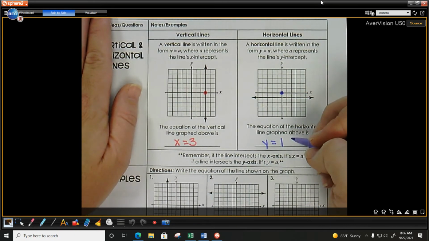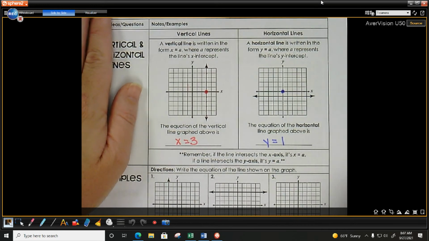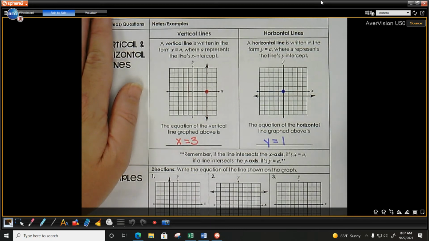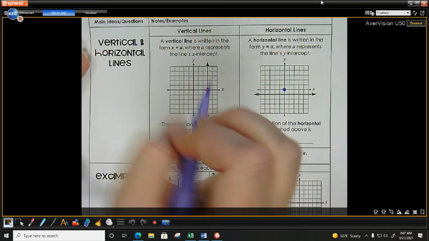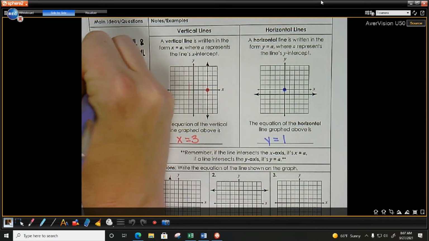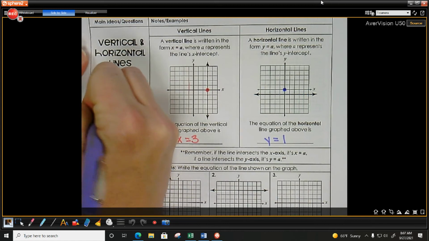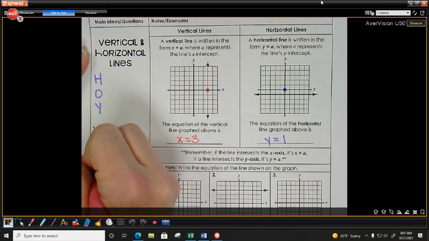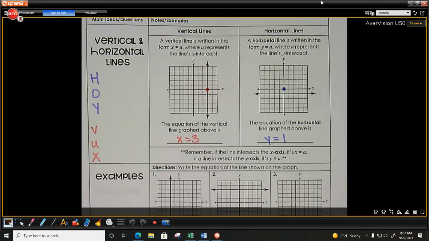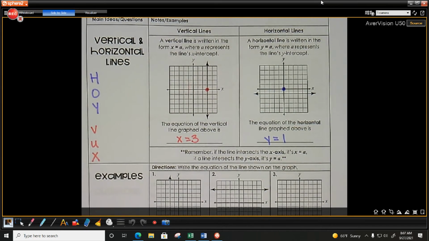Okay? So, there is an acronym to help us remember which one's our horizontal line, which one's our vertical line. We've already talked about this, I think the first day when we did slope. And I said we'd come back to it. HOY, VUX. Okay? HOY VUX is our acronym to help us remember these two special cases. HOY VUX. What does that stand for?